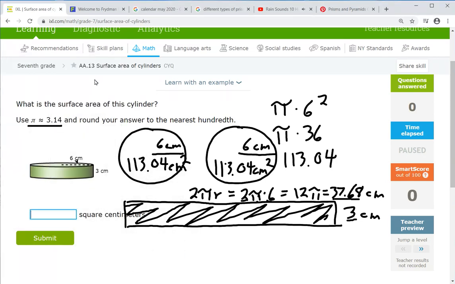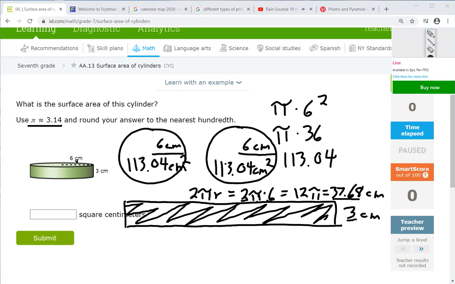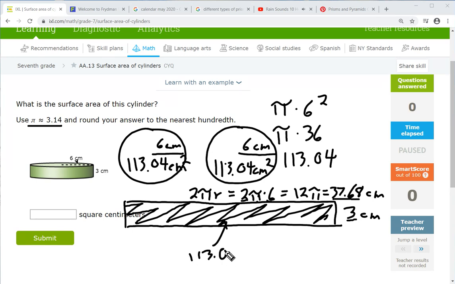So this is 113.04 square centimeters. So now we're just going to have to add all of these up. This plus this plus this.